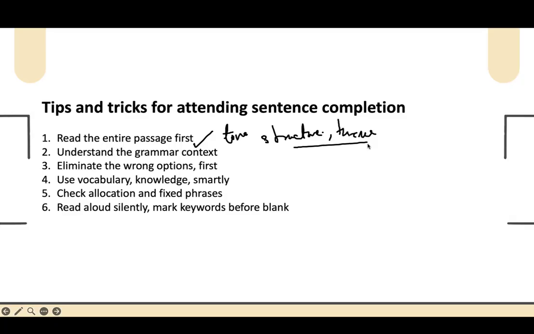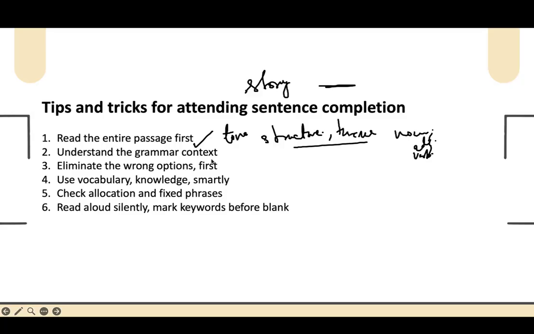Understand the context, because context will help you predict what kind of noun or adjective or verb you need to use here. And one more thing, treat the passage like a story, that you're reading a story and now you have to fit in the words. Understand the missing lines before filling them.